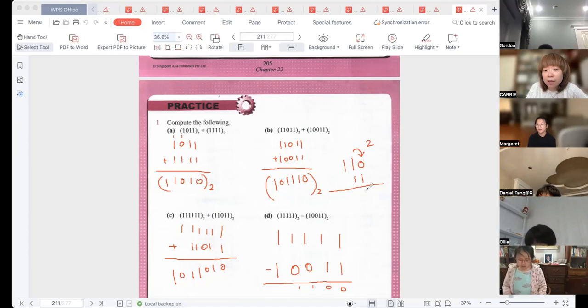So it's 2 minus 1 equals 1. Get it? Okay. So now, this one became what?